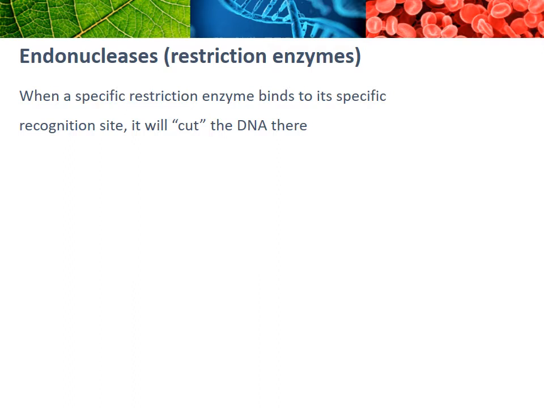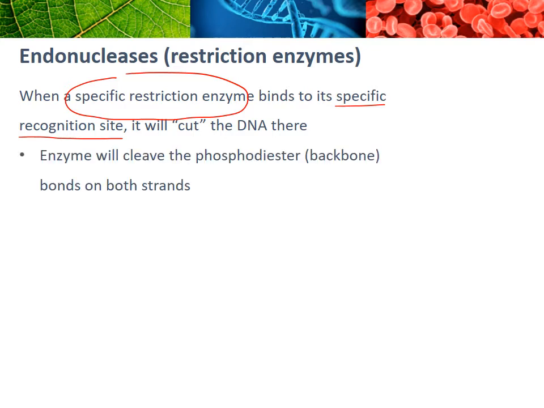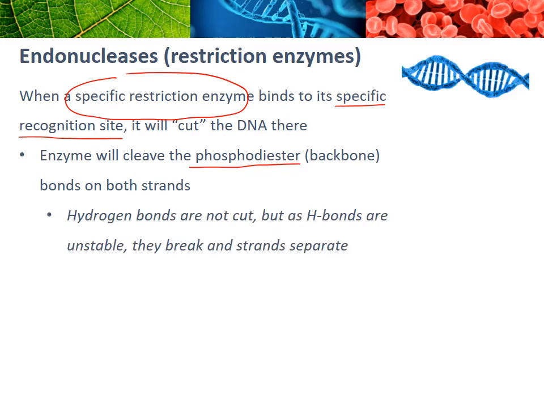Now, when a specific restriction enzyme binds to its specific recognition site, it will cut at that site. The way it does this is by cutting or cleaving the phosphodiester bond on both of those strands. I'll come back to that in a second. So remember, we've got our hydrogen bonds in the middle.